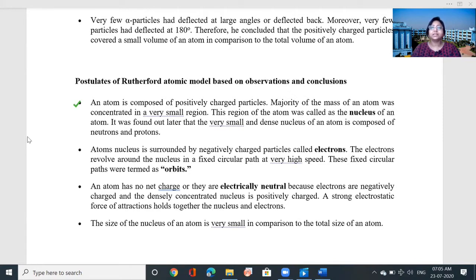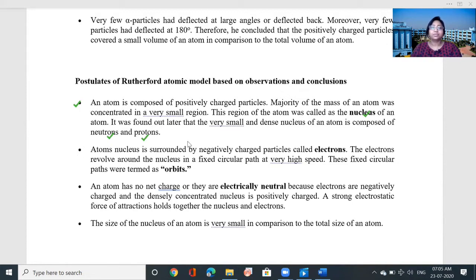This region of the atom is called the nucleus. You know very well that in the center there is the nucleus with the positively charged particles. It was found later that the very small and dense nucleus of an atom is composed of neutrons and protons. So you know that the proton is positively charged and the neutron is neutral.